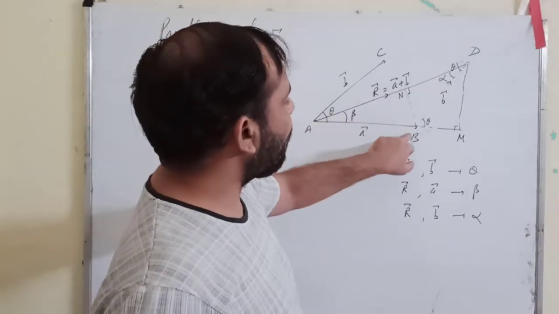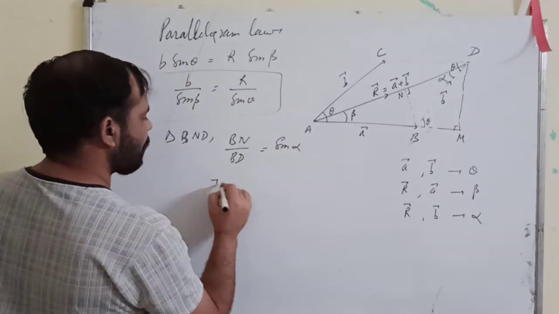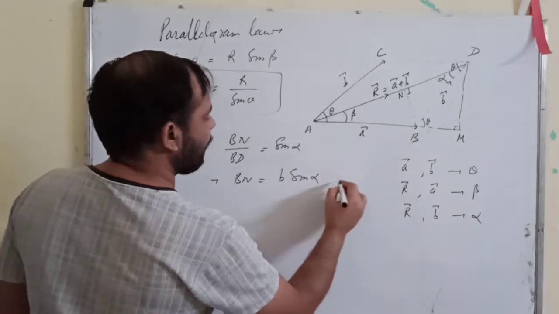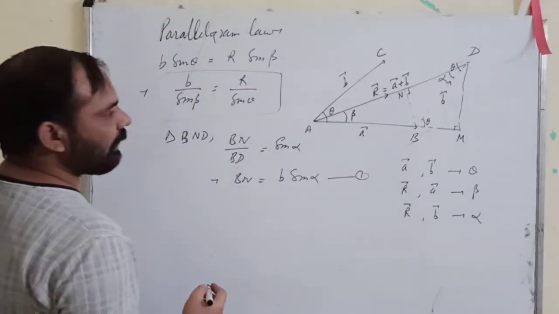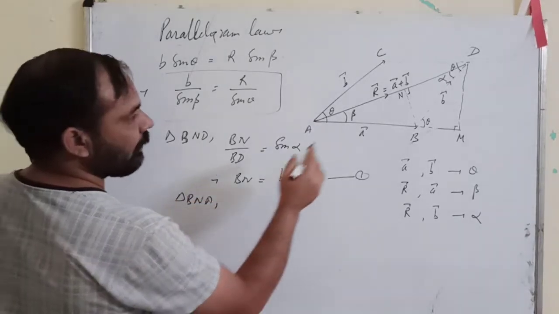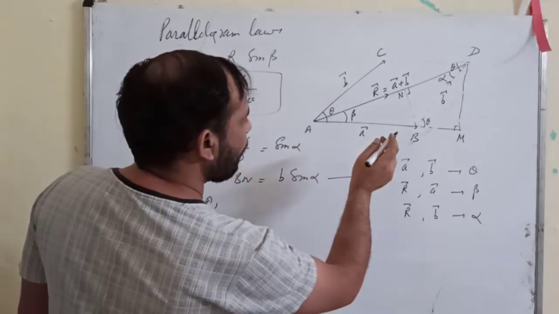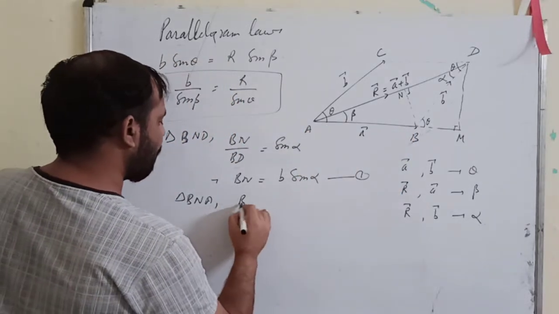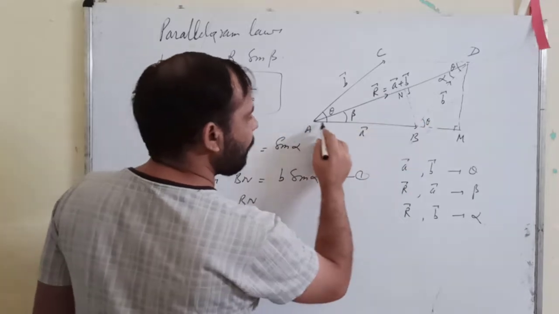So BN upon BD equals sine alpha, right? So how much is BN? BN equals B sine alpha. Take this as 1. Now consider this triangle BNA. Here, BN upon AB is opposite side by hypotenuse.